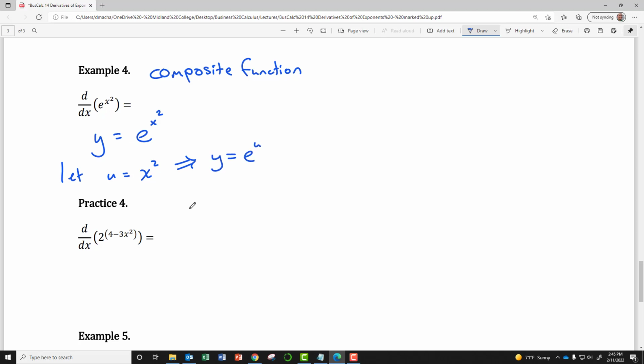Whenever I see a composite function, I use the derivative chain rule. And what the chain rule tells me is if I'm trying to find the derivative of y with respect to x, then I can rewrite this as dy/du times du/dx.